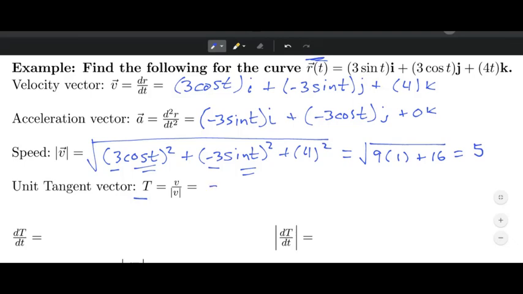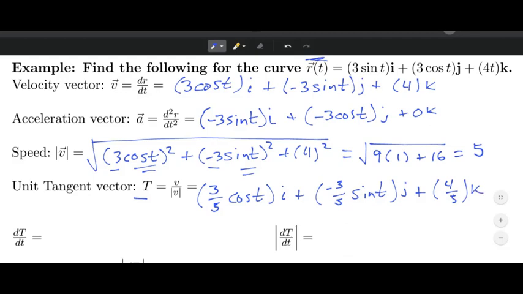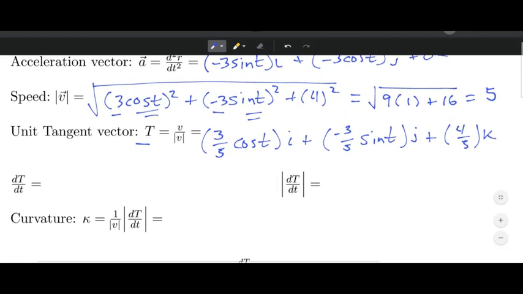This is 3/5 cosine t for i, plus negative 3/5 sine t j, plus 4/5 k. All right, so that's our unit tangent vector.